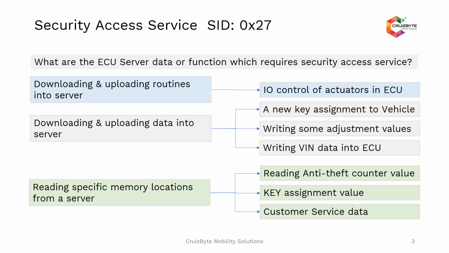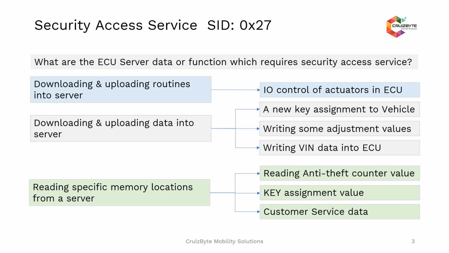In this kind of situation, when you read from a specific memory location of the ECU, then the server requests and expects the diagnostic tester to pass through a security handshaking between the ECU and the tester, thereby it allows reading such data from the ECU.